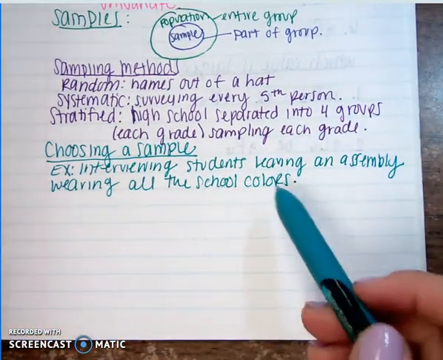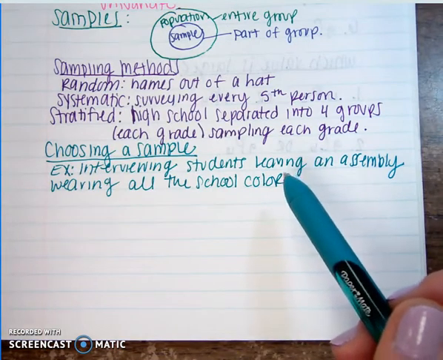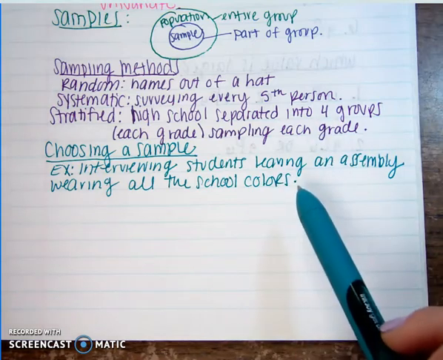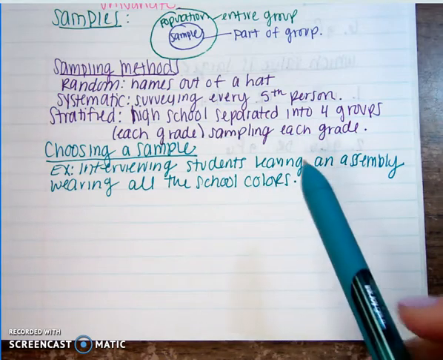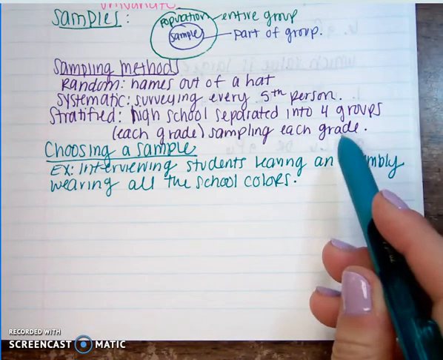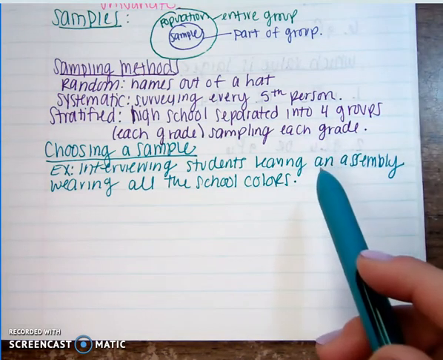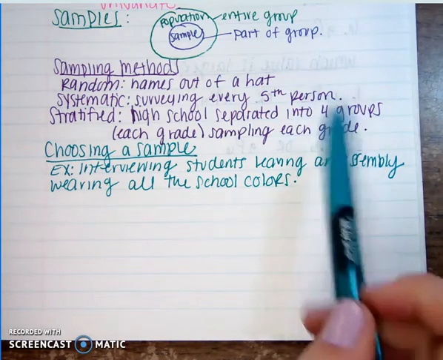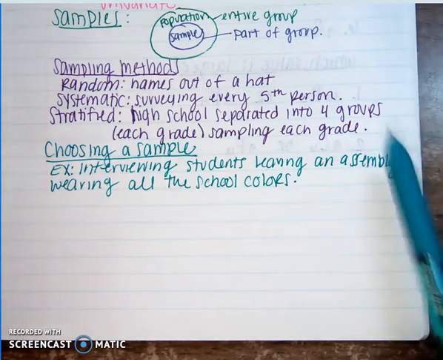Is that a good sample to interview students leaving the assembly? Well, typically, is every student that comes out, or are a lot of students, going to be wearing all of the school colors? No, probably just the crazies. So that's not technically a good sample. Maybe you should do every 5th person coming out of that assembly. Do more of a systematic, or pull names out of a hat to get a better sample.